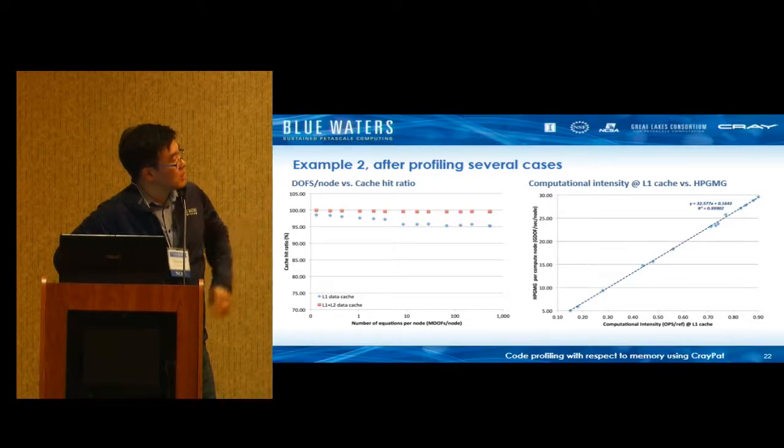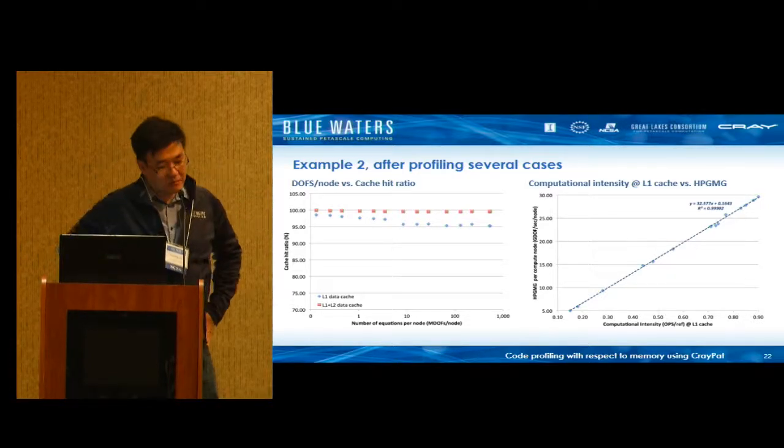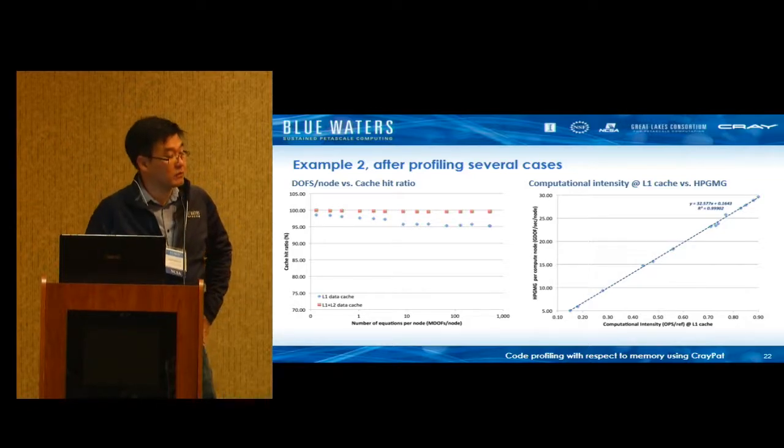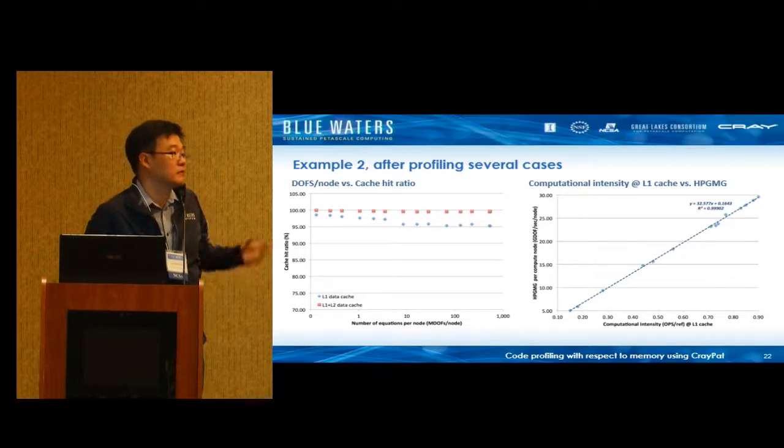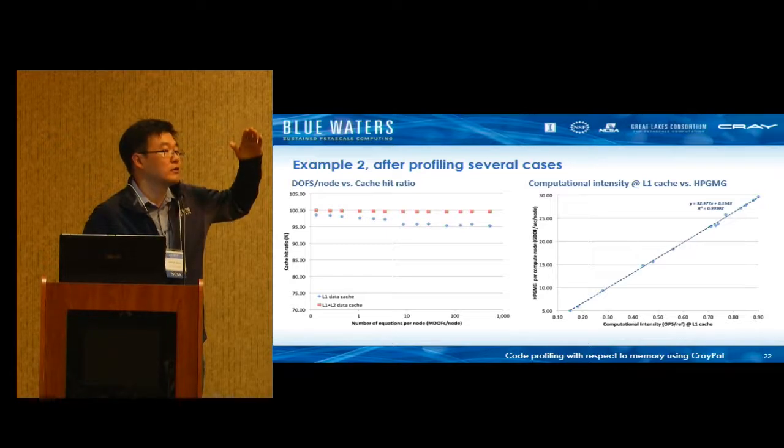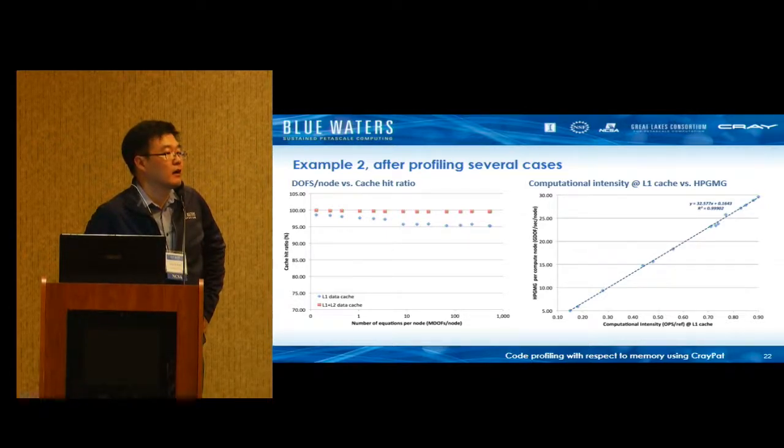So from this chart, we can say HPGMG is a memory-bounded application. In this case, if you have HBM in the next generation, without any code change you can bump up your performance with HBM, high bandwidth memory.